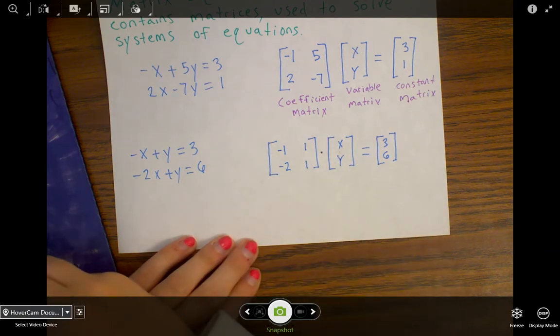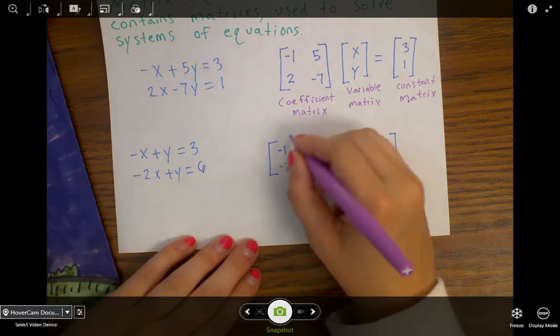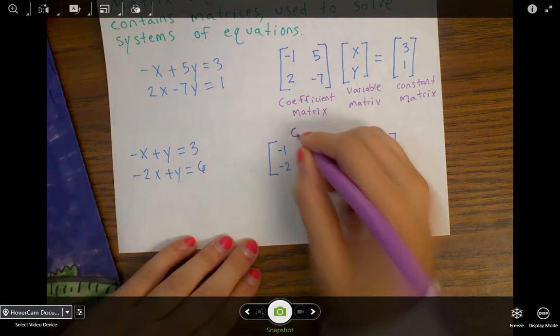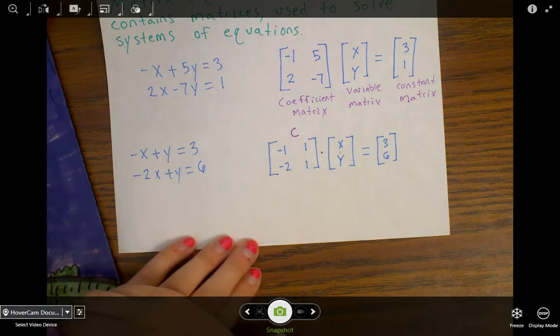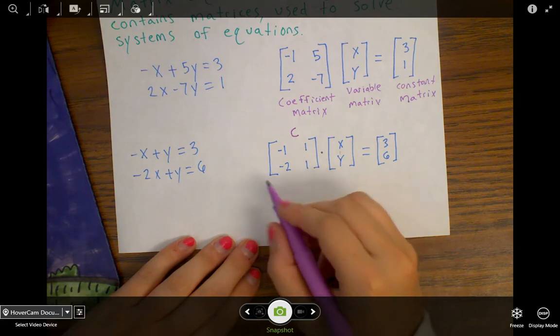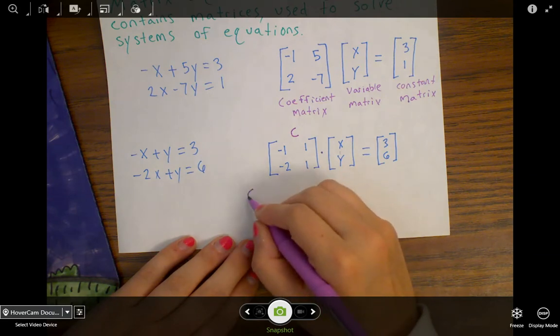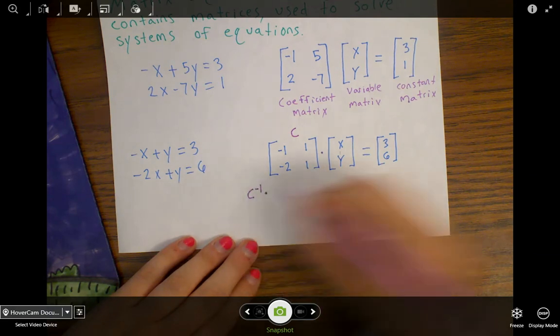So in order to get rid of it, we have to multiply by something that's going to give us the identity matrix, which, remember, we said is going to be our inverse. So remember that this matrix right here is our coefficient matrix, or matrix C. So we actually need to multiply both sides by the inverse of C.